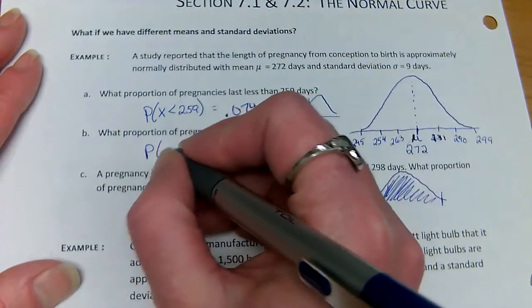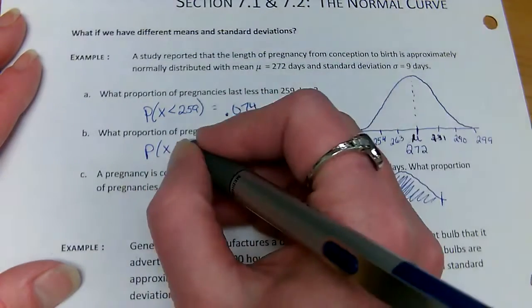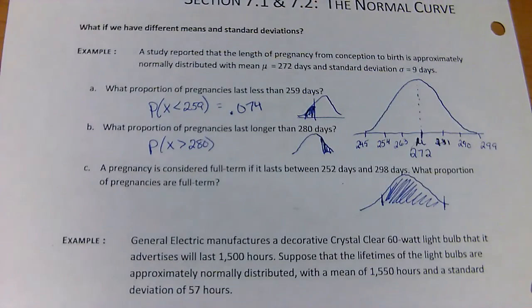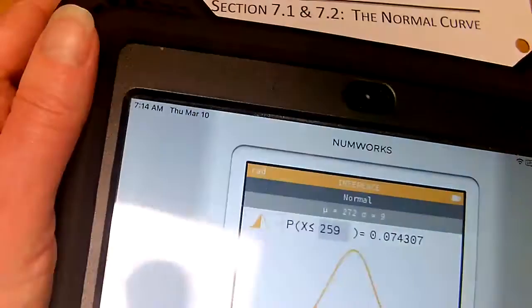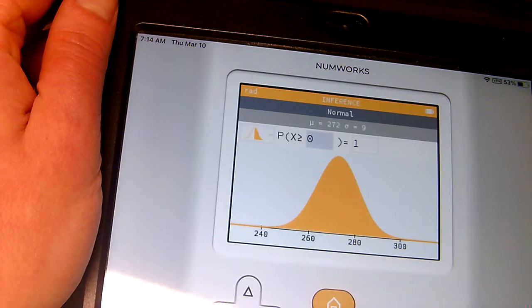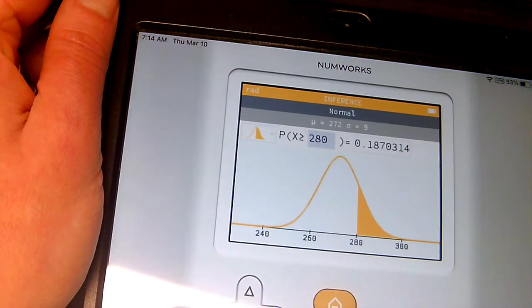This would be the probability that X is greater than 280. Now remember, with these, the or equals to doesn't matter because these are continuous. So greater than 280 is 0.187.